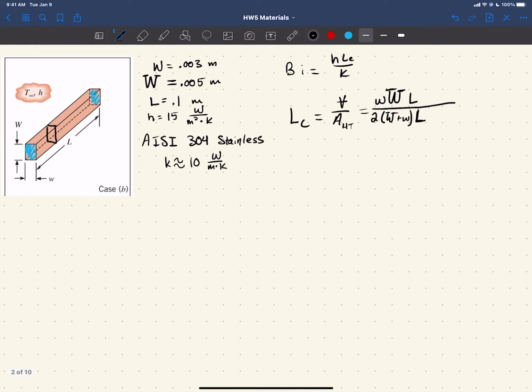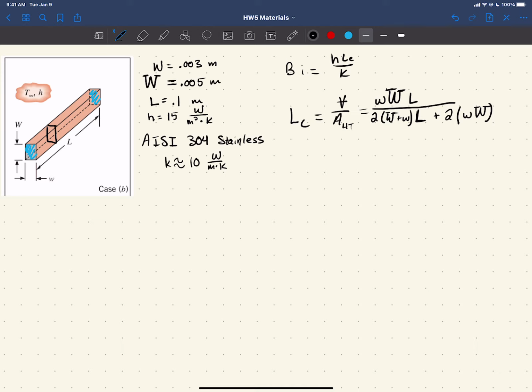And then if you want to include the ends, we're going to add 2 times... one of these areas is just little w times big W, and there's 2 of them, so you just slap the 2 times on there, and bam, you got it. Like I said, you can choose to include that or not.